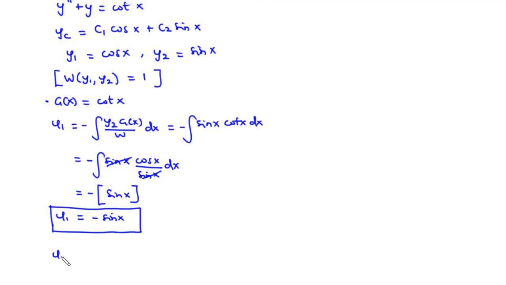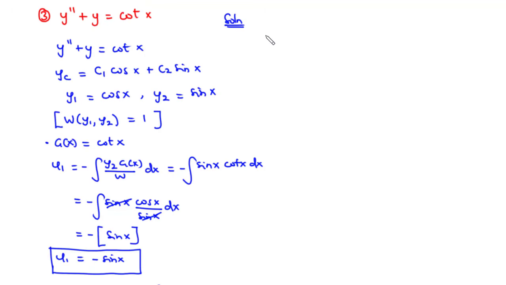Now let's move on as we find u2. For u2, that is equal to the positive integral of y1 times g of x divided by the wronskian. So we have y1 to be cos x times g of x, which is also cot x. So cot x is cos x over sine x dx. So this gives us u2 equals the integral of cos square x over sine x dx.